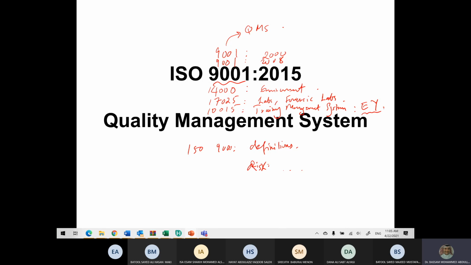EY is a very, very popular organization in the world, and we did that with them, alhamdulillah. Okay, so that is just giving you an example of what ISO 9000 2015 is. Okay, so we are going to cover the ISO 9001, which is the quality management system of the version 2015.